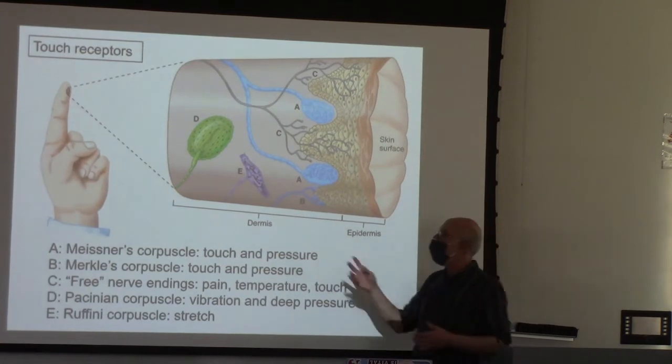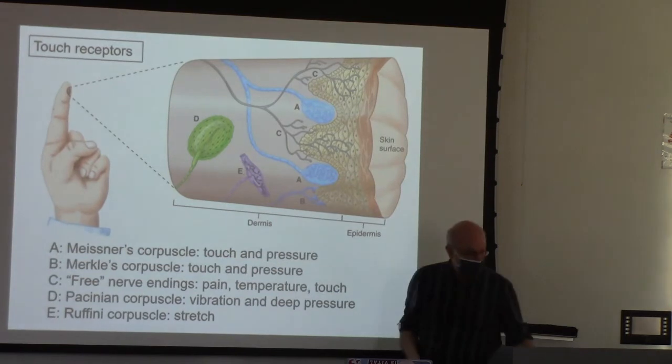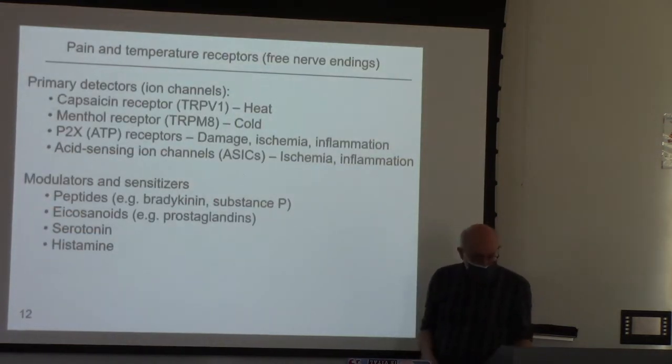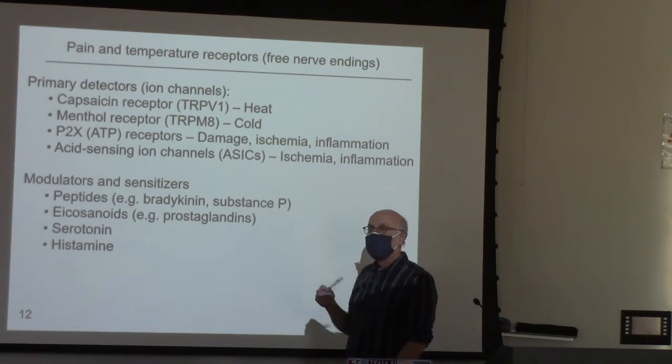The detector in the corpuscle, like I said, is stretch-activated ion channels. The detectors in the pain pathway are different receptors that are not stretch-activated. They are more chemically activated.